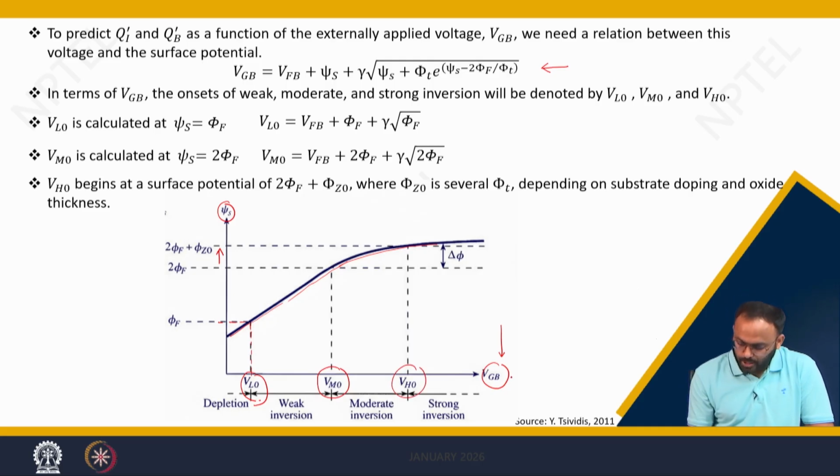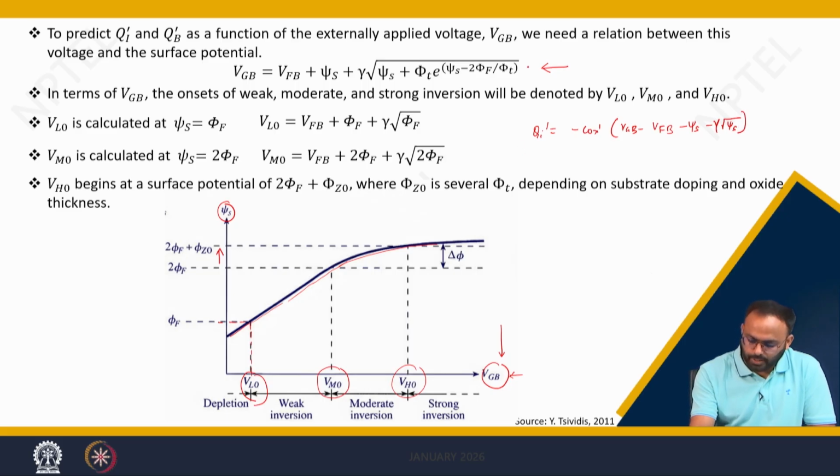To get this value of VGB, we need to rewrite the earlier equation we derived, Qi dash equals minus Cox dash times VGB minus V flat band voltage minus psi s minus gamma root psi s, in terms of VGB, which will give you this equation. So ultimately VGB can be given as V flat band voltage plus surface potential plus gamma times this parameter, which includes the significance of both the depletion charge and the electrons.